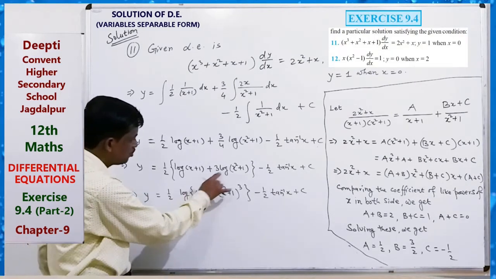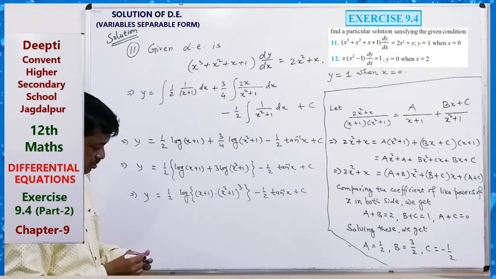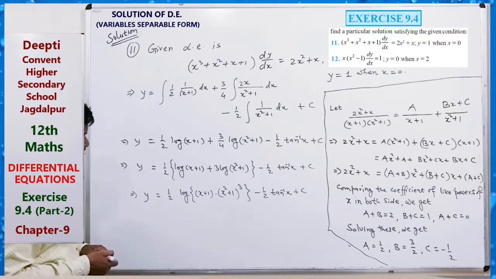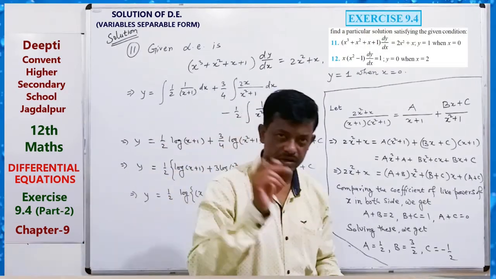Because 3 goes to the power, and log a plus log b is log of a into b. Okay, and now we have to find the value of c by using this condition, because it is a particular solution.